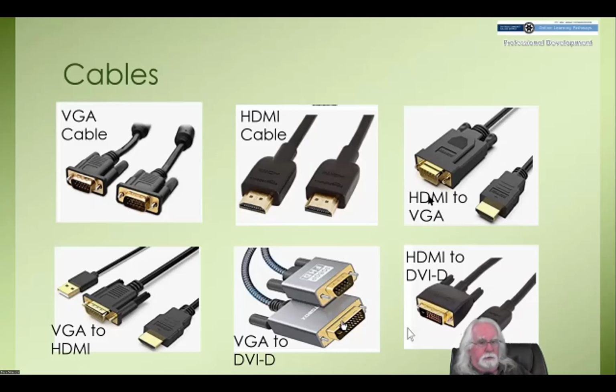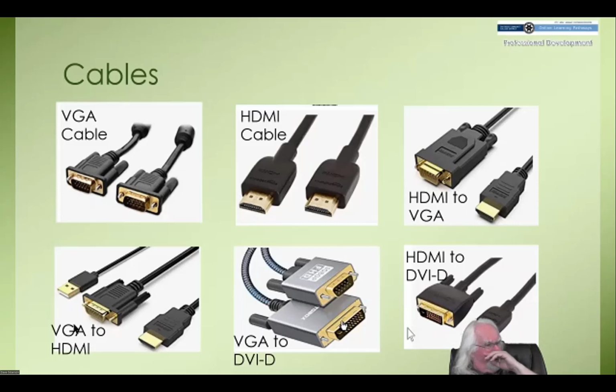In cases where the cable won't work either way, like in this case, if your computer has an HDMI out on it, and the monitor has a VGA in, this is the cable you want, HDMI to VGA.